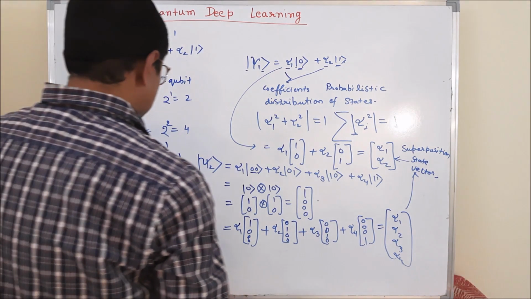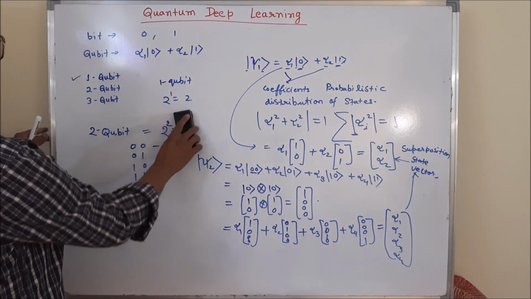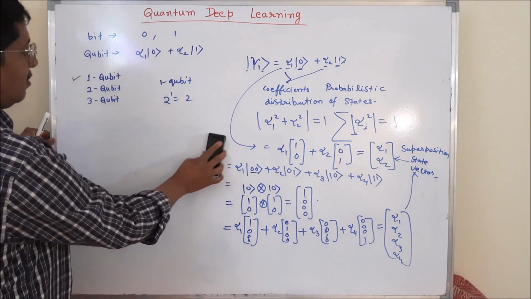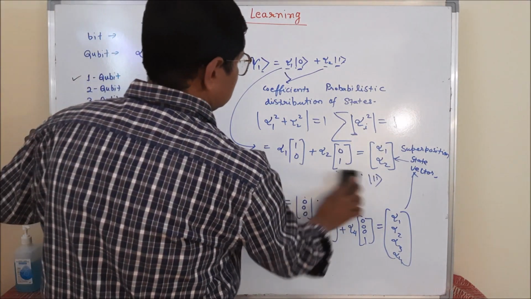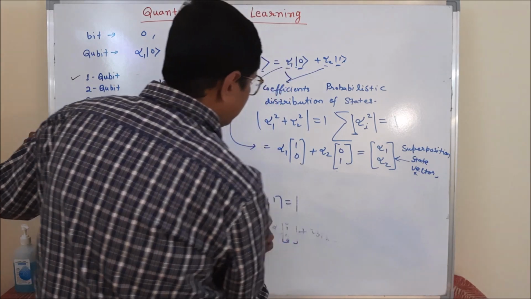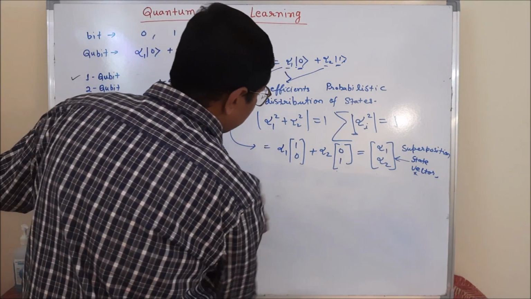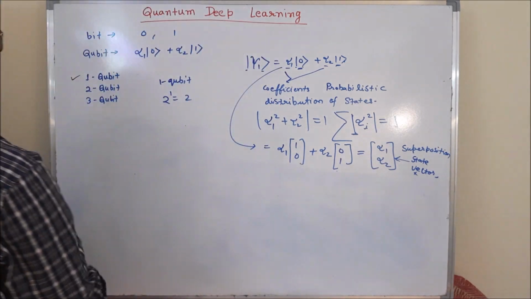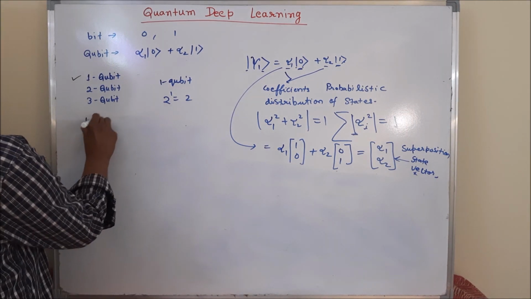Now you may ask, every time we will not get all the 2 states or 3 states. So what will happen if we get only a few states in our data?